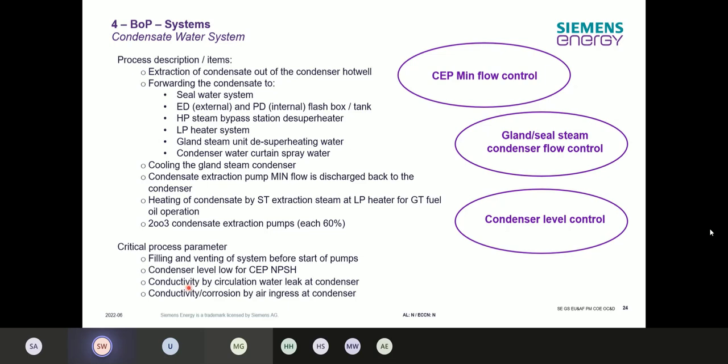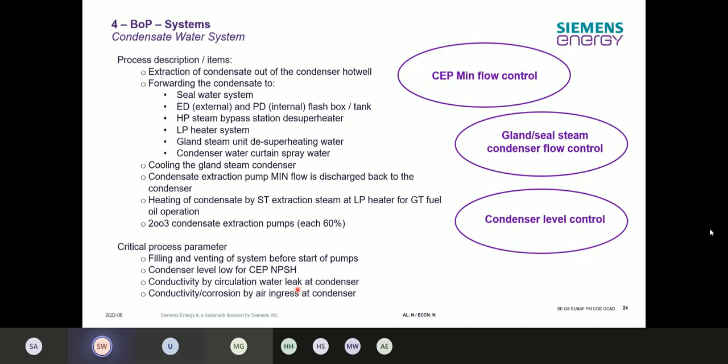Then we have the protection over here, conductivity by circulating water leak at the condenser. So this is when you have the water-cooled condenser and there is a leakage in. So you have the condenser with the cooling water pipes through it, and the cooling water pipes have a leakage. So you're getting cooling water, which is of course pretty dirty water.